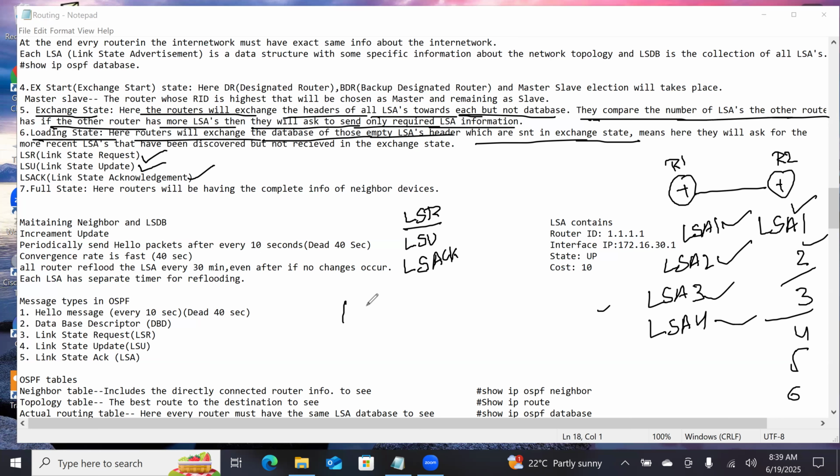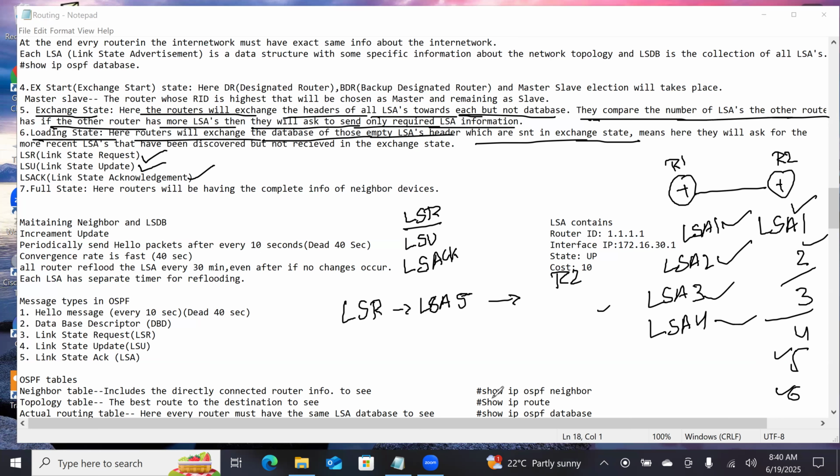What they will do: router 1 will generate the link state request for LSA 5, and it will send it towards R2. Okay, because 5 and 6 are missing, right? Router 1 has to get it from router 2. Then only it will have the complete information of the OSPF topology.